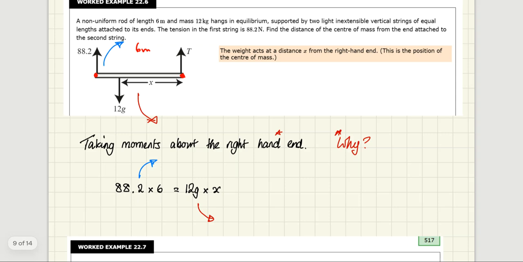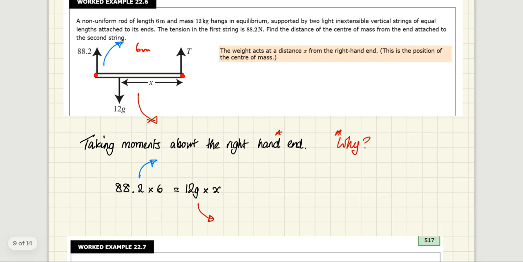So do you remember I asked you last time I saw you to really think about which point you're taking moments about, because there will be times where, for instance, we were doing a question where there's a rod like this and it had several pins holding it in equilibrium, and you have to decide which one of those you're going to take moments about.